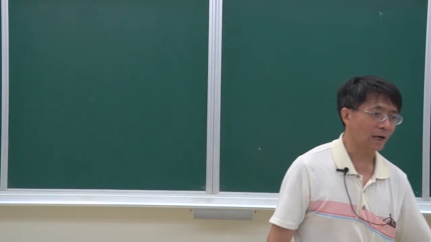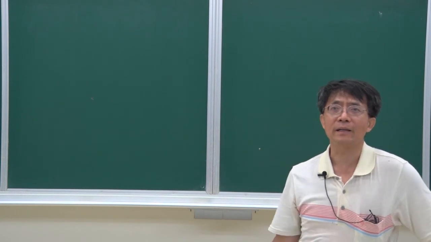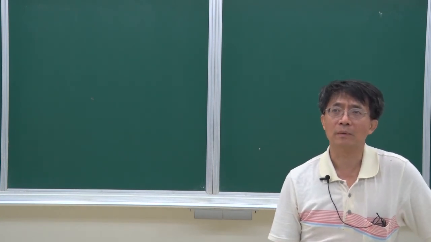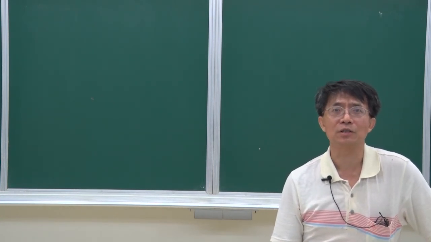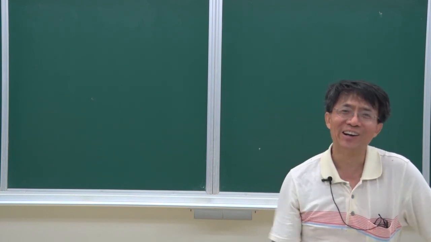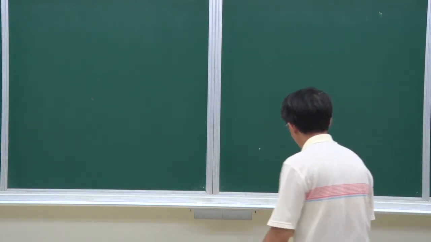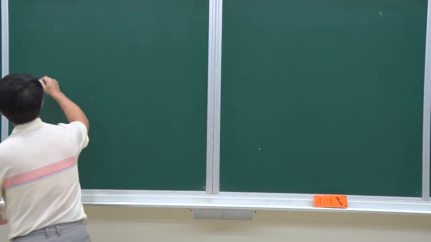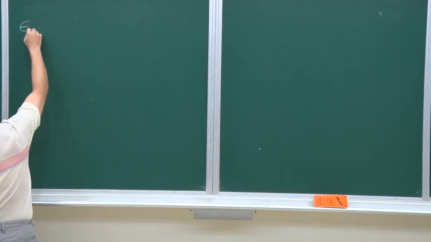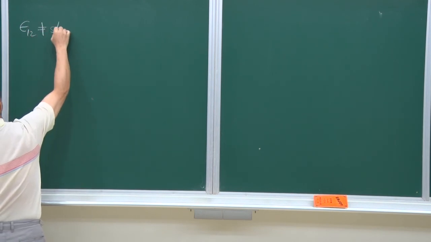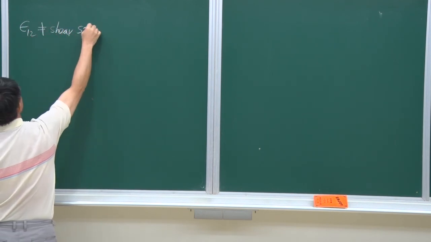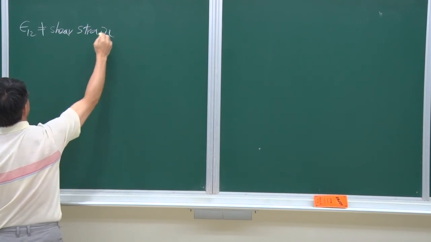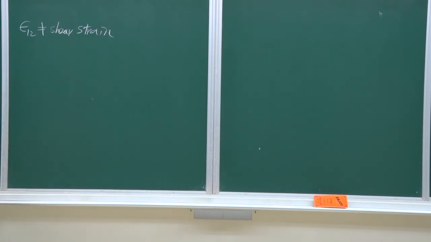Now we have already disqualified the term epsilon 1, 2 as the shear strength. It is not qualified anymore. Before, we thought that epsilon 1, 2 is the shear strength. It is disqualified already. Epsilon 1, 2 is not shear strength.